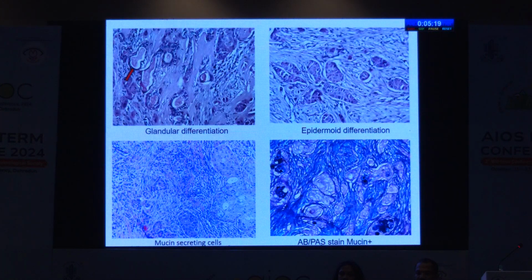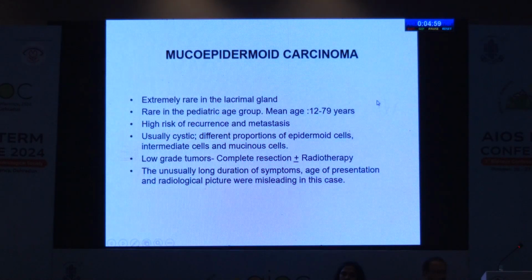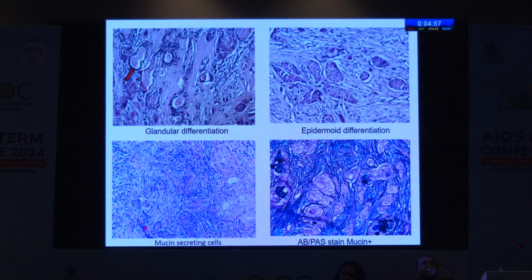So when the mass came to us, these are the sections that we got. This was a tumor where there were multiple elements. This is the glandular element, that is gland-like arrangement was seen with tumor cells, hyperchromatic nuclei. And also we had the squamoid differentiation in a fibrotic stroma, along with mucin secreting cells, and AB PAS was positive for mucin.